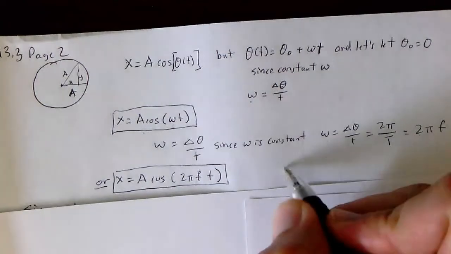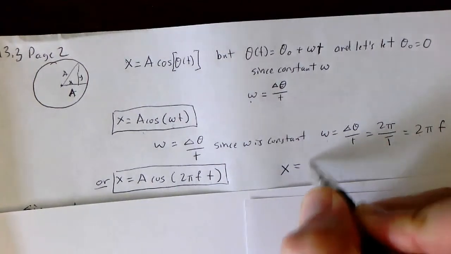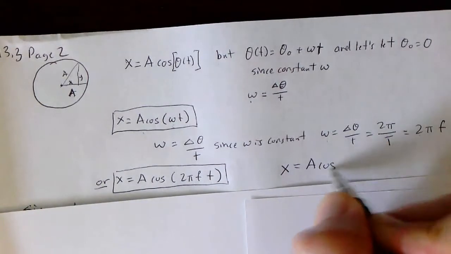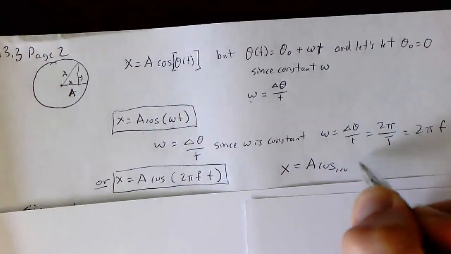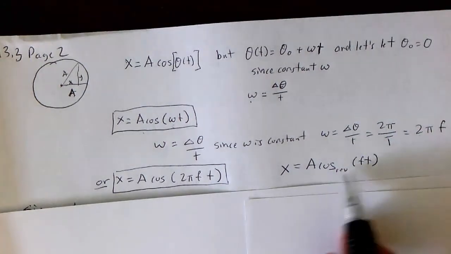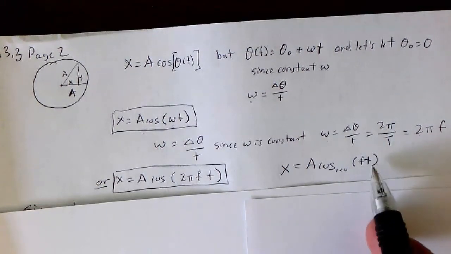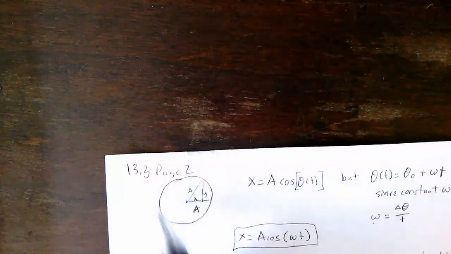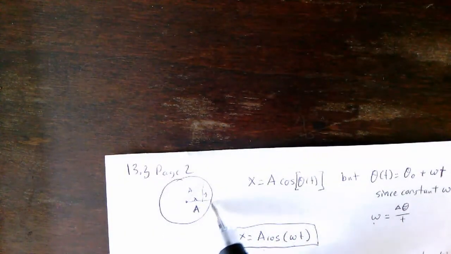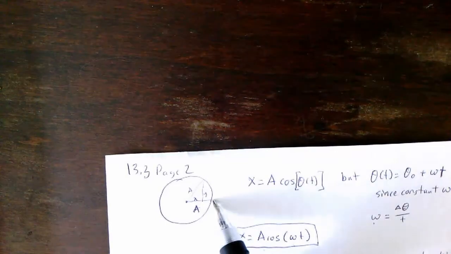I just wish we had some way of doing like x equals a cosine in revolutions. I wish we had some way to do this where the cosine is in revolutions, like if it goes around once, we could say that cosine of 1 is 1, which is not true for radians, right?